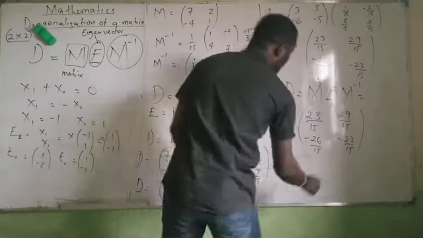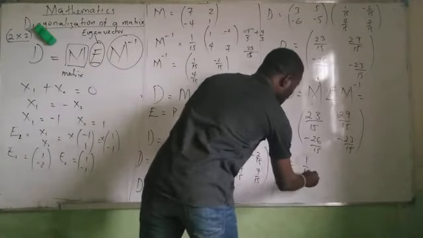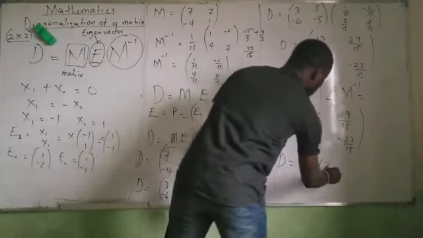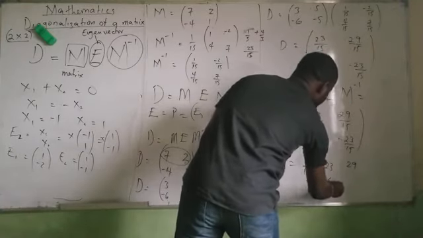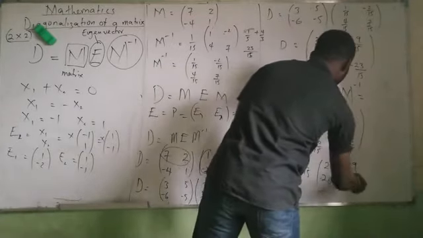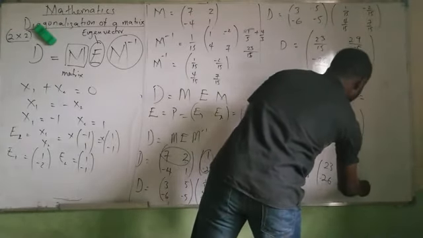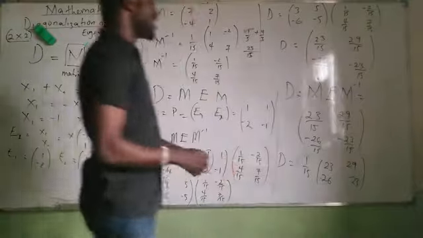My diagonalization can also equal 1 all over 15 bracket of 23, 29, minus 26, and also minus 23. That is my final answer.